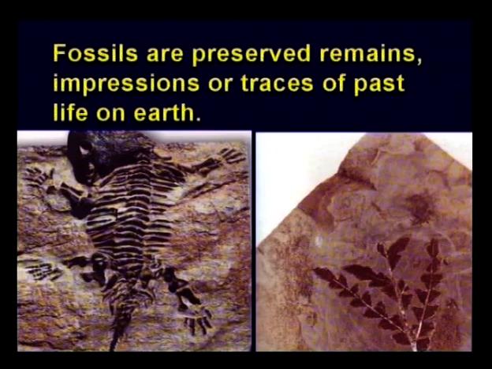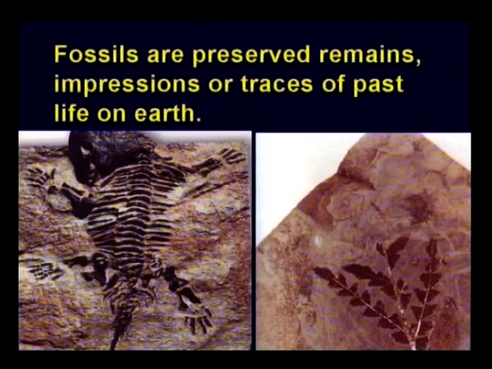Now, I'd like us to have a look at some pictures of fossils that were formed millions of years ago. As I've said earlier in the lesson, fossils actually show us the type of plants and animals that lived on the Earth before us.